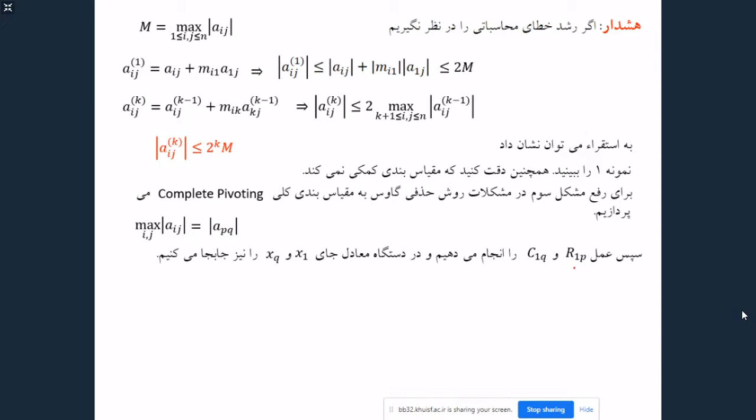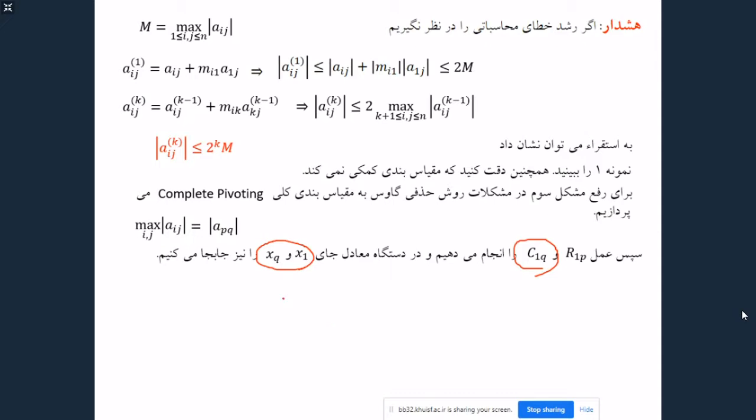That means substitute the first row and the P row, and also we do C1Q. That means substitute the first column and the Q column. Also, we must substitute x1 and xq because we do C1Q.